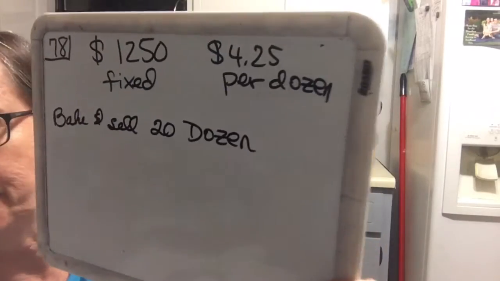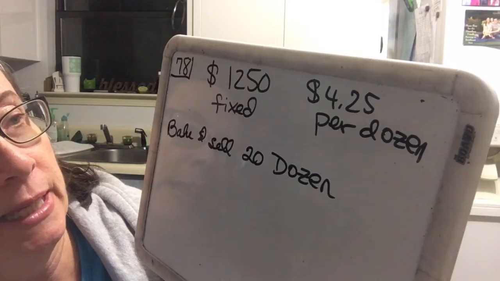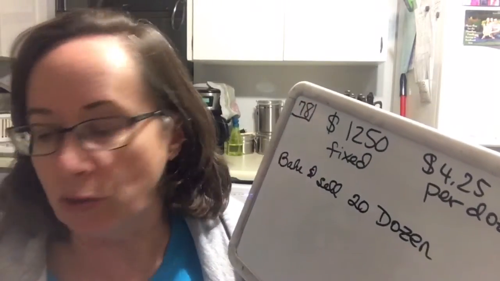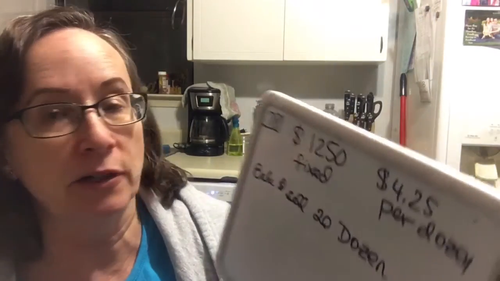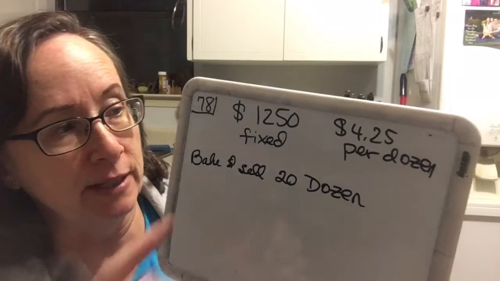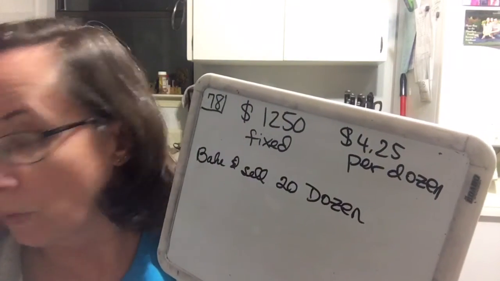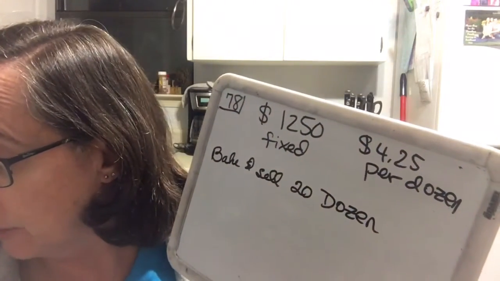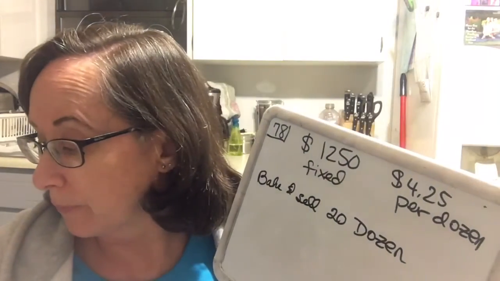Now, the last thing I want to do in this lesson is I want to show you a word problem. Okay, and in this word problem, it says, Susie's Cookie Company had fixed cost of $1,250, so this is the fixed cost, and variable cost of $4.25 per dozen gourmet cookies that were baked and packaged for sale.